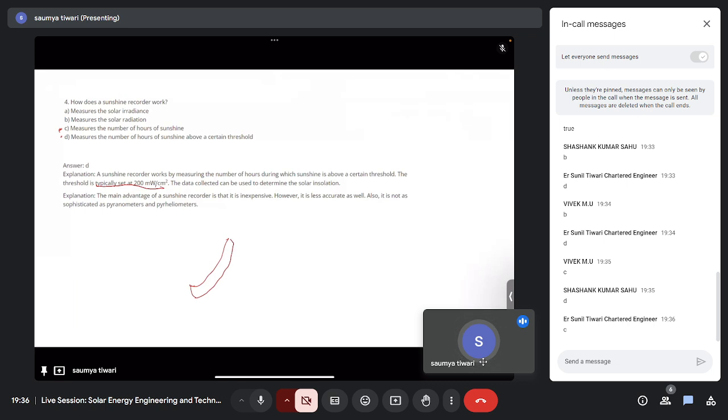It will not leave burnt traces on the cardboard, right? So it has to be above a certain threshold. That's why option D is correct. Hope this is clear. Obviously this method is not very accurate, but it's a very inexpensive method. So that's why its application is there.